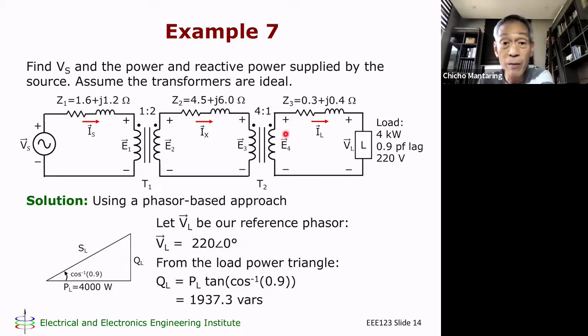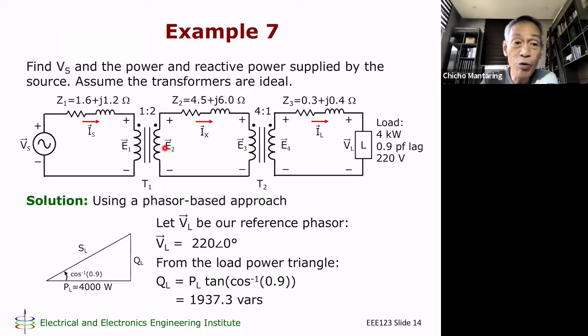E4 is just I sub L multiplied by J3 plus V sub L. If I know E4, because of the turns ratio, I can compute for E3. And if I know IL, I can compute for I sub X also from the turns ratio. So now I can do KVL here. E sub 2 is equal to I sub X multiplied by J sub 2 plus E sub 3.